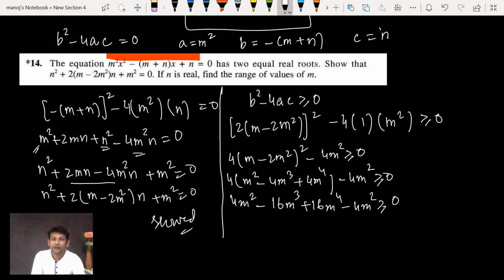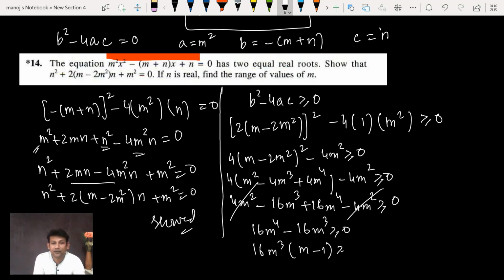This cancels out. First of all, writing the biggest power first, we have only 16m power 4 minus 16m cube. The 16m cube is common, so you have only m minus 1. By using this, you can have two values.